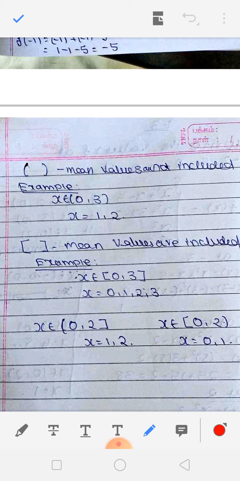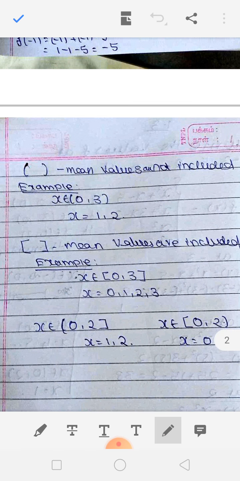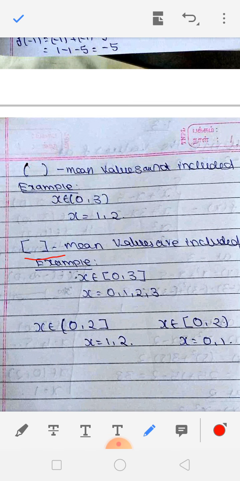So open bracket means values are not included. For x belonging to (0, 3), 0 and 3 are not included. After 0 comes 1, 2, before 3. So 1, 2 only are our values. But look at this one, a closed bracket.